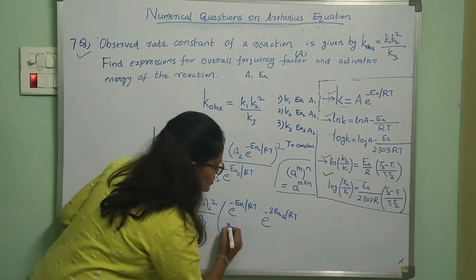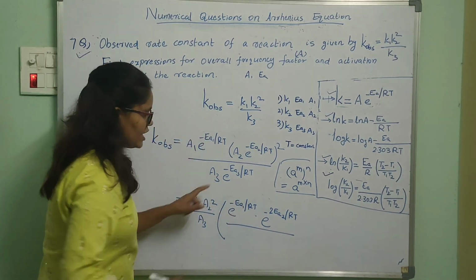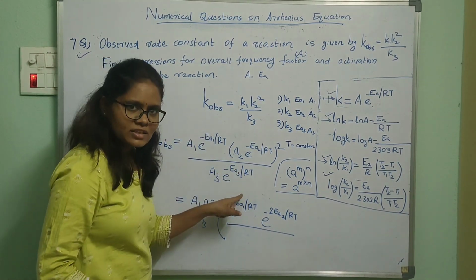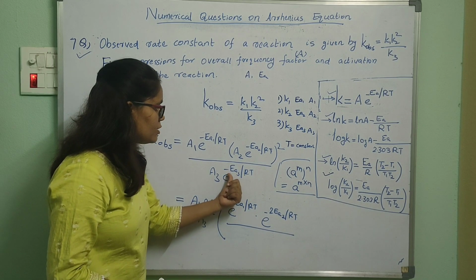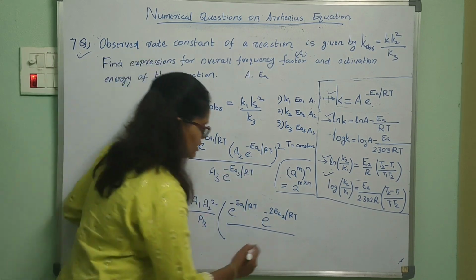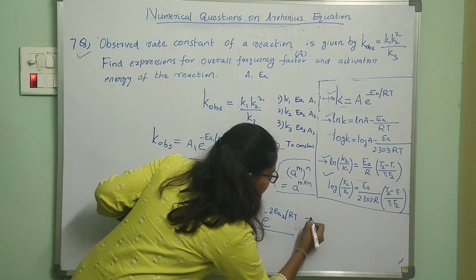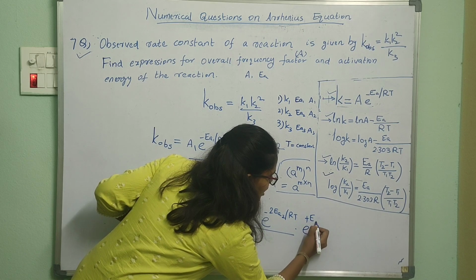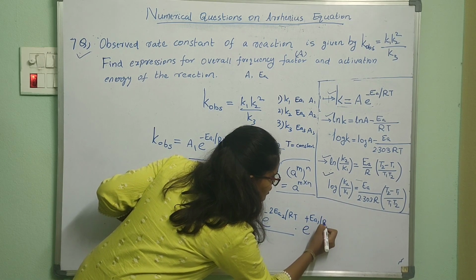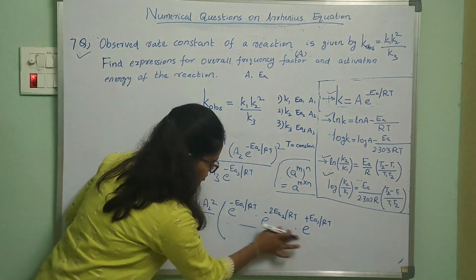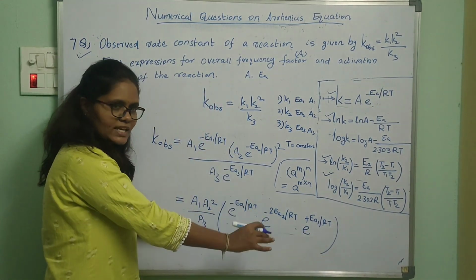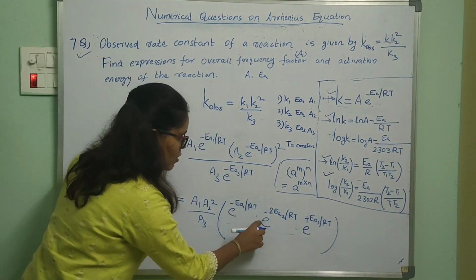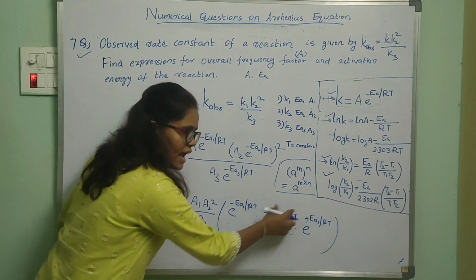In the denominator we have e power minus EA3 over RT, so I'll take it to the numerator, and it becomes e power plus EA3 over RT. Now when the bases are equal, the powers can be added. All the bases are e here, so I will add their powers.